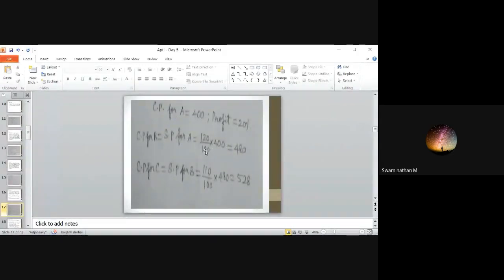I hope you know the formula, and I have done only substitution here. 480. With this 480, B is having again 10% profit. So 110 by 100 into 480, 528. Okay, moving to the next one.